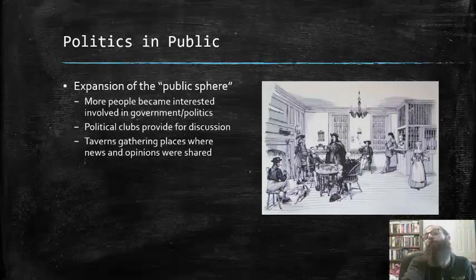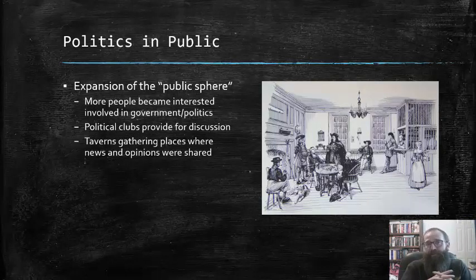Coinciding with and reinforcing the rise of colonial assemblies in 18th century British North America was the expansion of the public sphere. As more people became interested and involved in government and politics, what constituted the public sphere, or that sphere of issues that the public had a right to weigh in on, to voice their opinion on, grew larger and larger as this process unfolded.